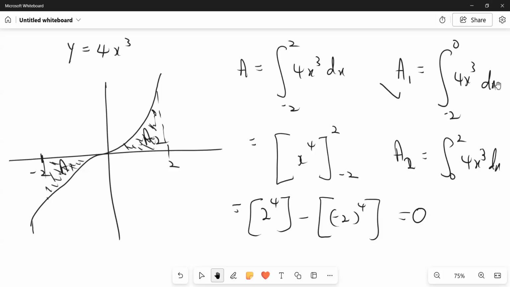If you find this to be a negative value, you don't use the negative sign, because you can't have an area that is negative. Area is always positive. Is that clear? Keep that in mind.